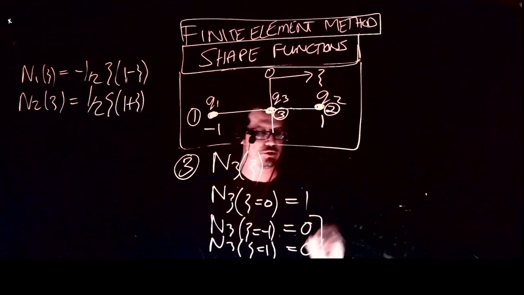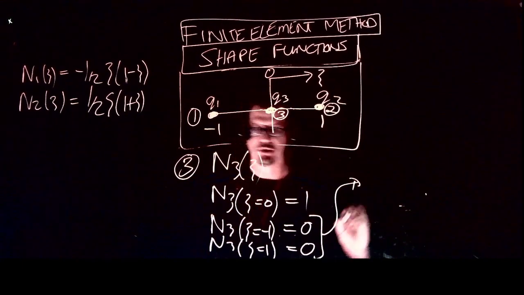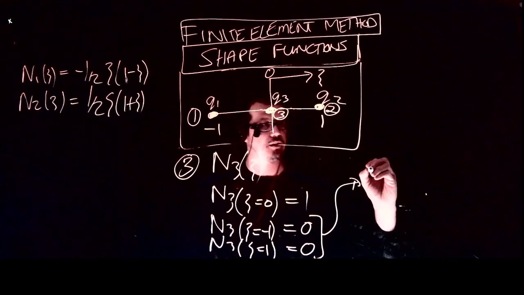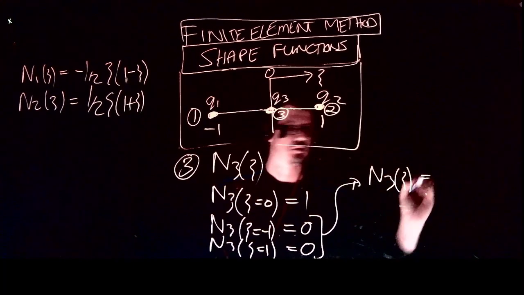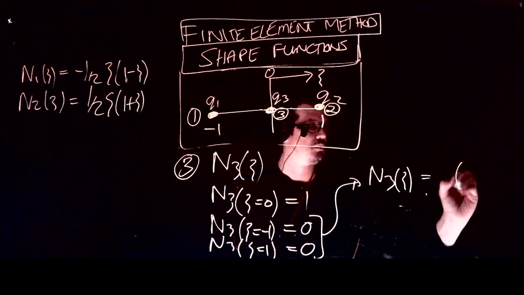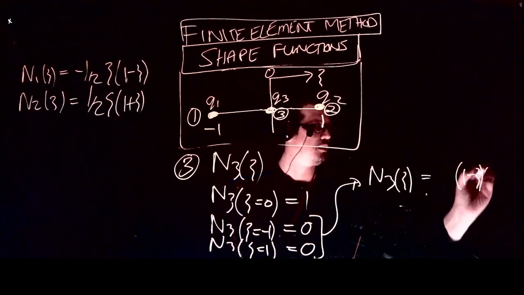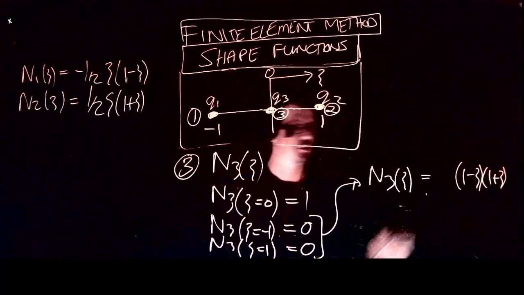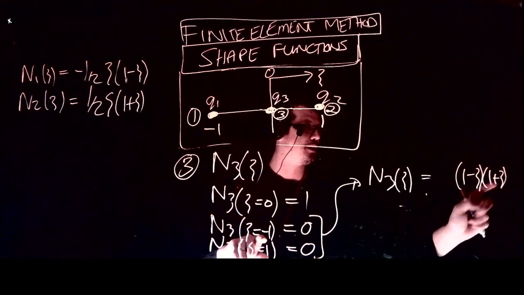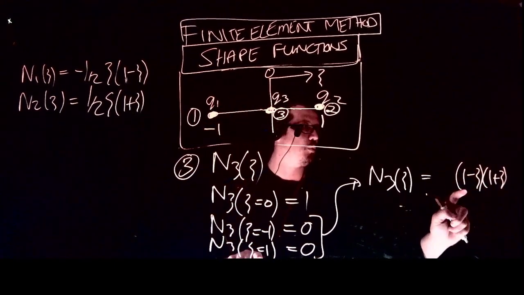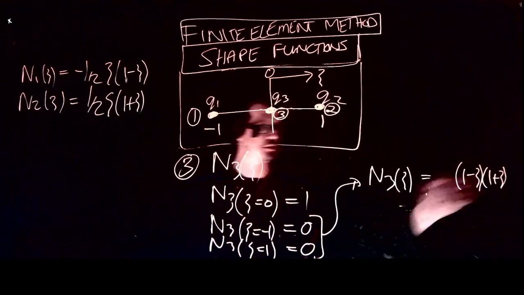Okay, again my roots. From the roots I can say fantastic. N3 should have the form (1 minus psi)(1 plus psi), and we can check. If I plug in minus 1, then 1 minus 1 is 0. If I plug in 1, 1 minus 1 is 0. So this will evaluate to 0.